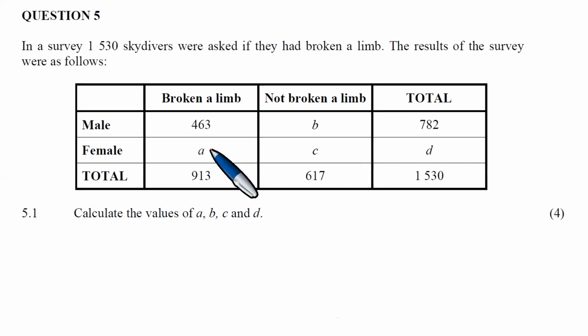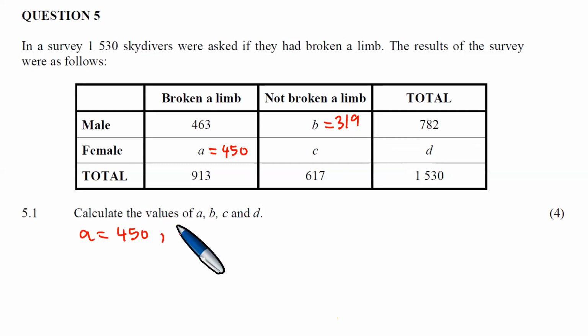So we've already seen that A here is 450. B is what you add to 463 to get 782. What must B be? 319, because 463 plus 319 gives us 782.